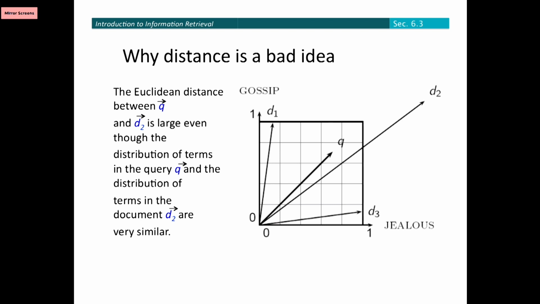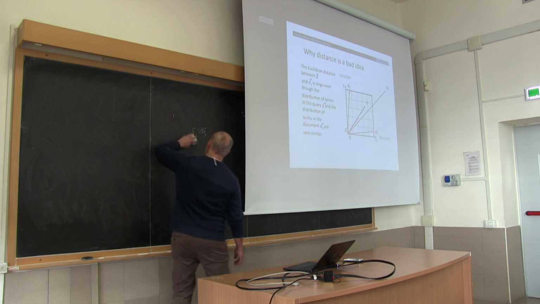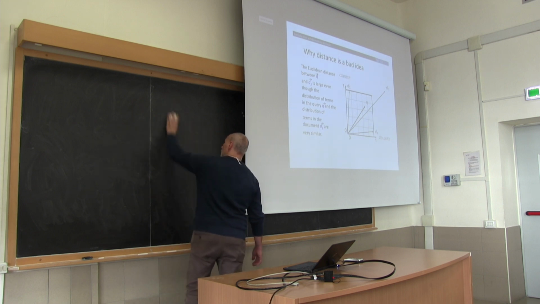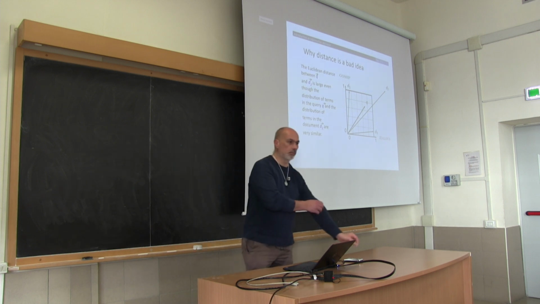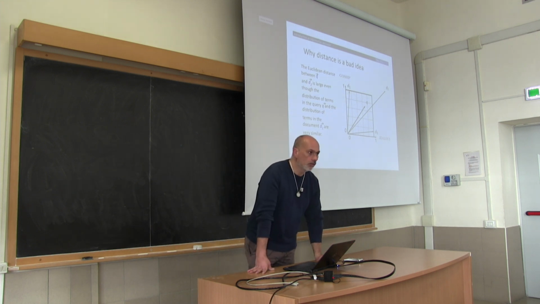Before we proceed, I would like to say something about this once more. Don't you find it a bit strange that two measures that make sense, both of them, cosine similarity makes sense, Euclidean distance in principle makes sense, but then we have seen that it could not be that good, right?